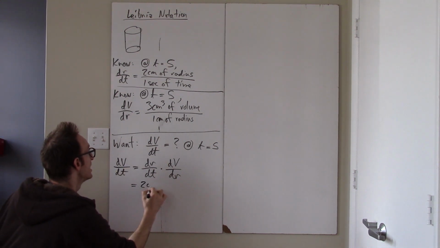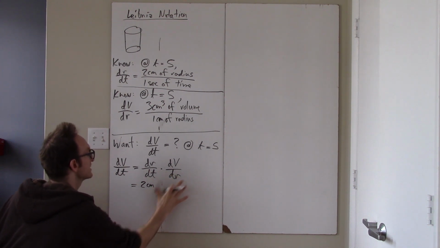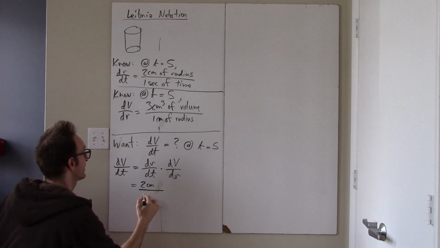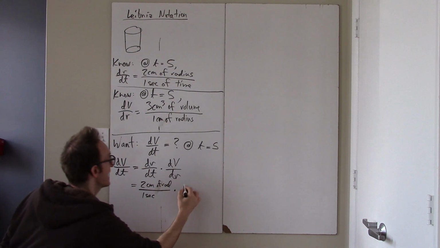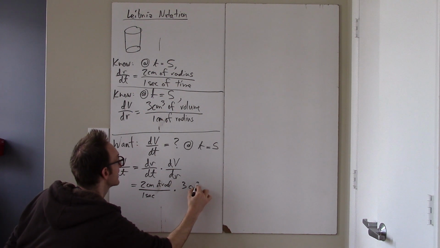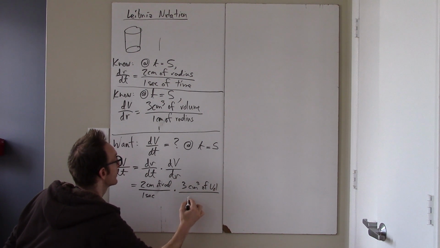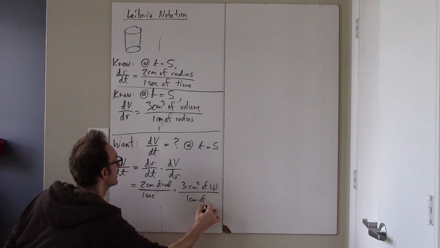It's 2 centimeters per 1 second of radius, times, and here I expect 3 cubic centimeters of volume with respect to every 1 centimeter of radius.